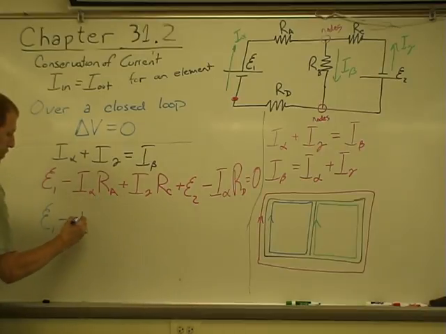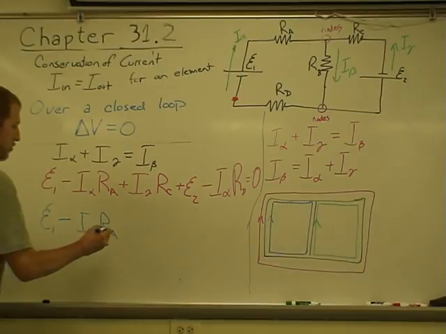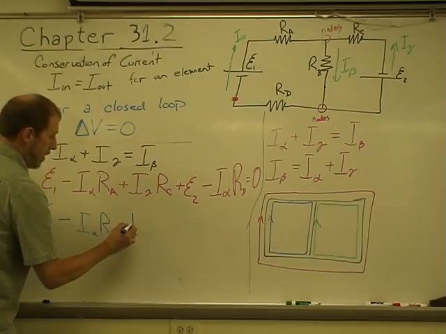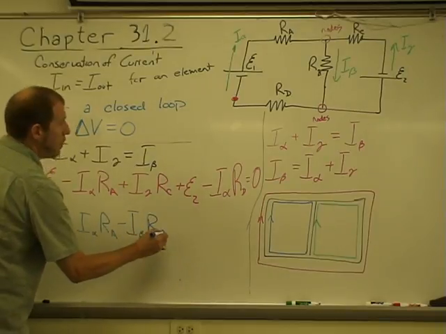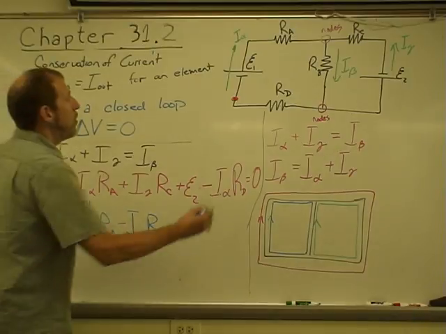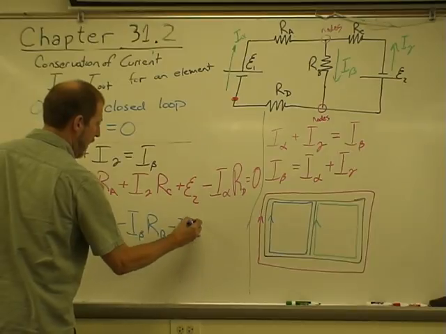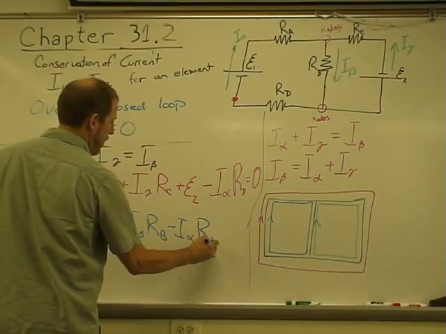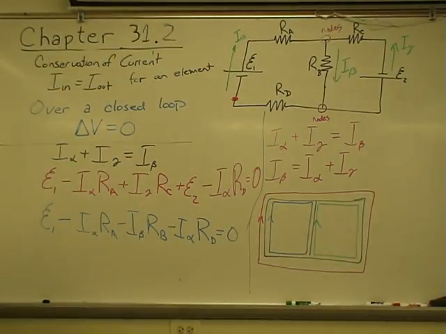The potential drops by I alpha times RA over resistor A. I'm going with current beta, so the potential drops I beta RB. And I'm going with the current, so the potential drops I alpha RD. And I'm back where I started from, so that's 0.